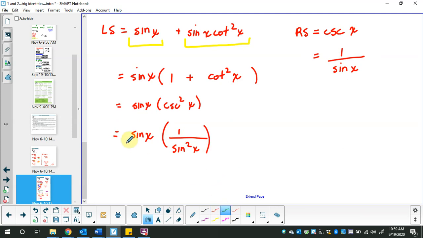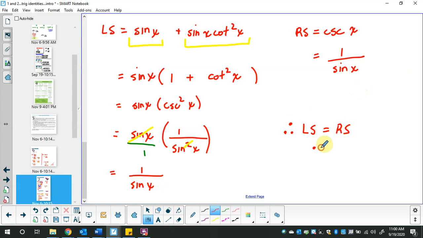Some of you may need to put the 1 down to notice that it's just a fraction multiplied by another fraction. Either way, you could write sine x over sine squared x, or you can say, I noticed that this sine x will cancel with one of those, and ta-da, they match. Why do they match? Because I will always have them match. If, at least on assessments.